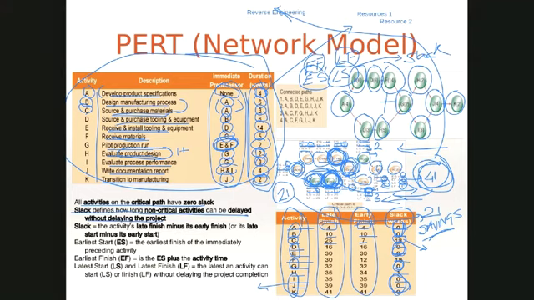And of course, we calculated slack as the activity's late finish minus its early finish. Quick recap: earliest start is the earliest finish of the immediate preceding activity. Earliest finish is the earliest start plus the activity time. Latest start and latest finish are the latest an activity can start or finish without delaying the project completion.